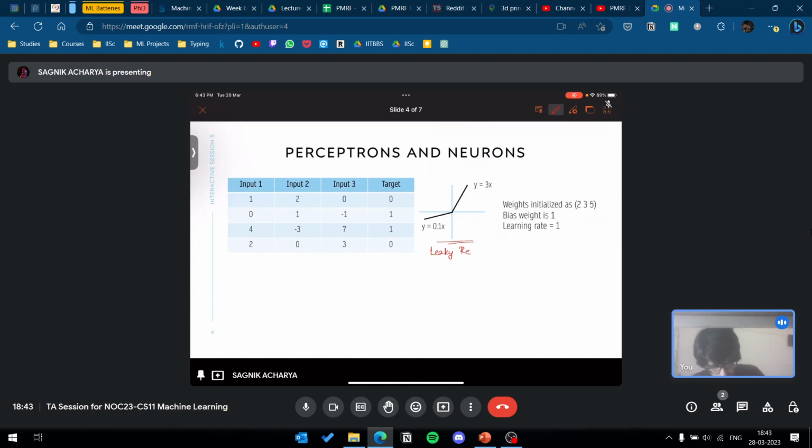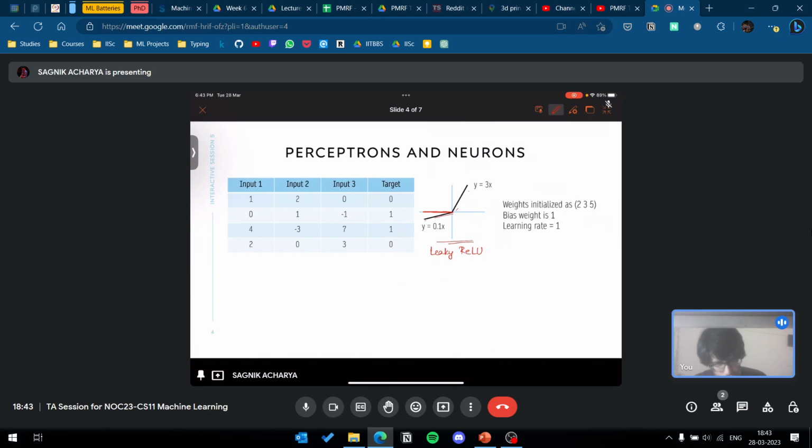It's called leaky ReLU because in a normal ReLU, the rectified linear unit function, the slope is equal to 0 when x is less than 0. But in a leaky ReLU case, we take a very small slope compared to the slope when x is greater than 0. So here we have taken y equal to 0.1x when x is less than 0 and y equal to 3x when x is greater than 0.